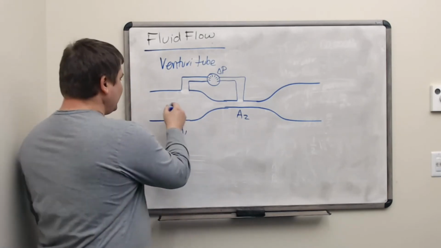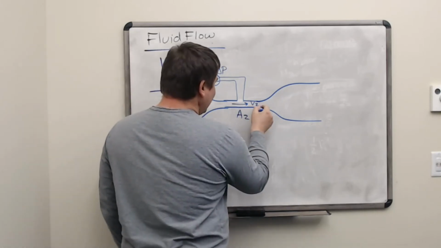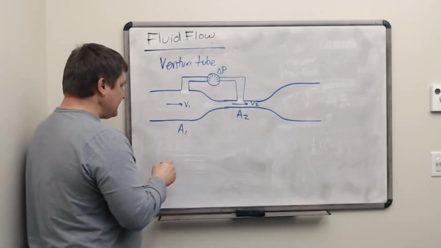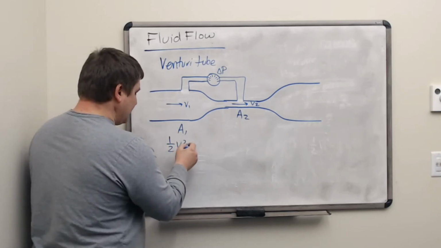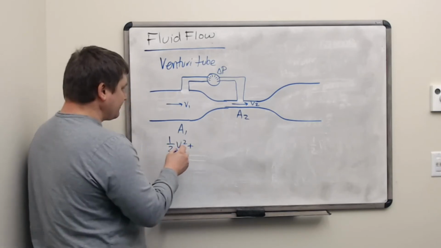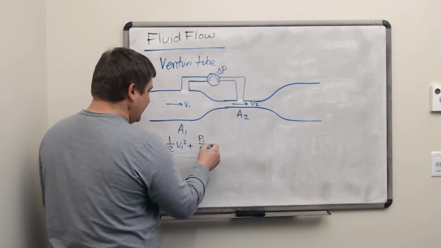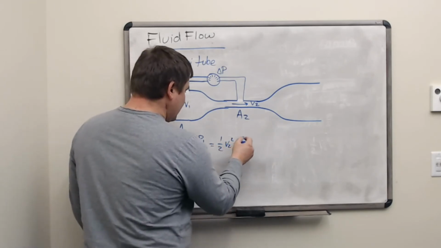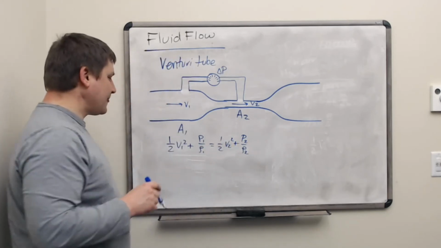Okay, so here we'll have a V1 value, we'll call that. And here we'll have V2. And so our application of Bernoulli's equation has us calculating 1/2 V1 squared plus P1 over rho 1 equals 1/2 V2 squared plus P2 over rho 2.